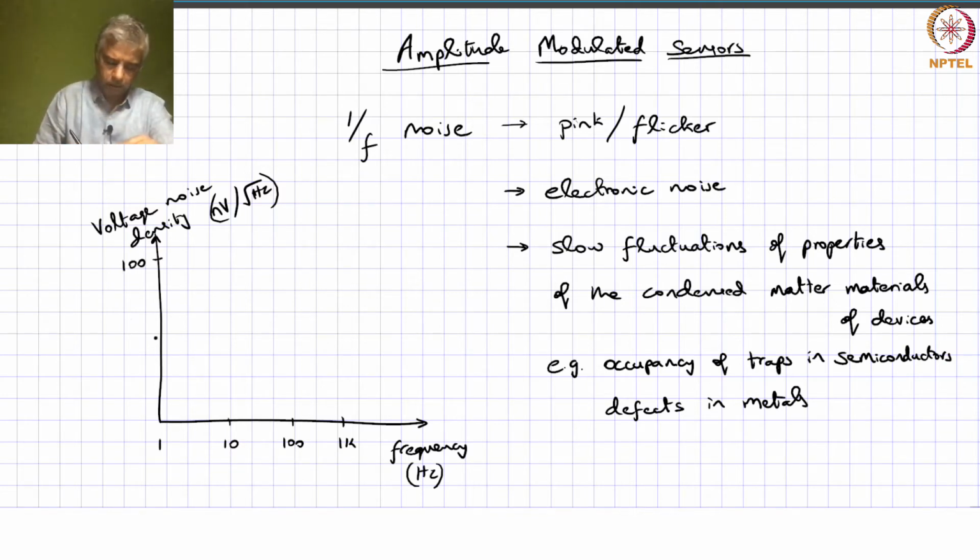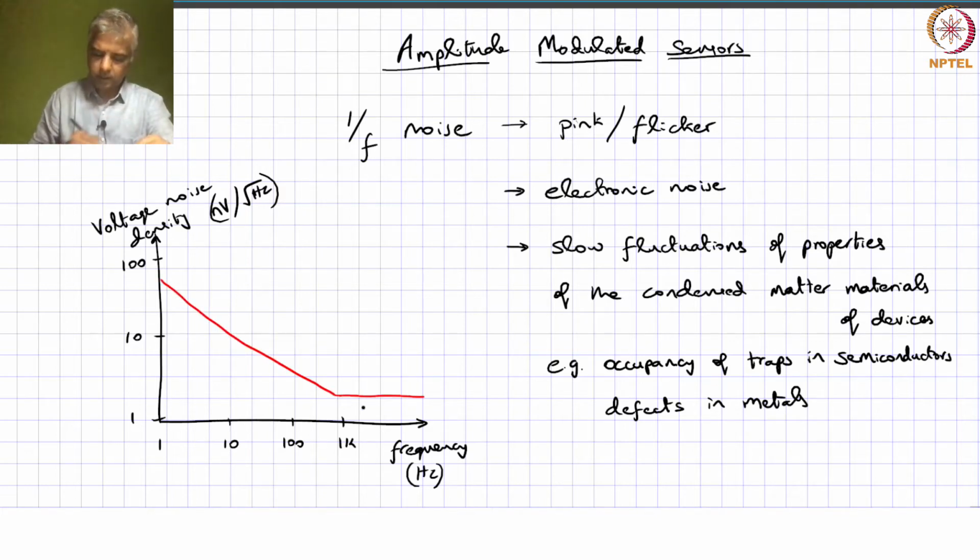So this can actually be a significant value. So it goes down like this, and then it sort of attains a constant value.